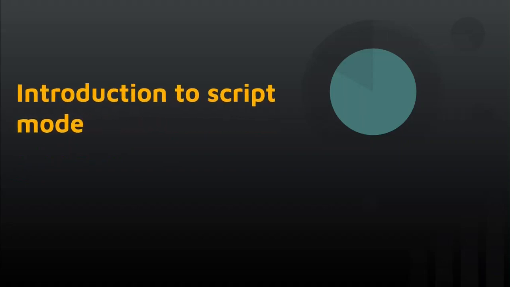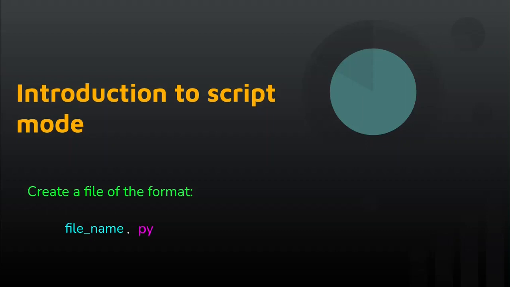Introduction to script mode. In this mode of Python, you create a file. So you're going to create a file, name it whatever you want, and then give it the extension .py. That's what I want to talk about. Whenever you create a file, you give it an extension.